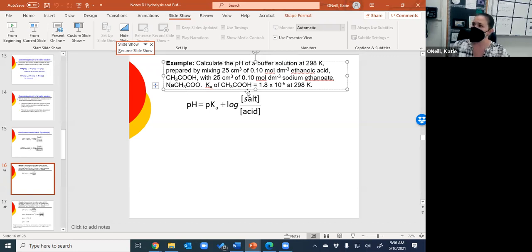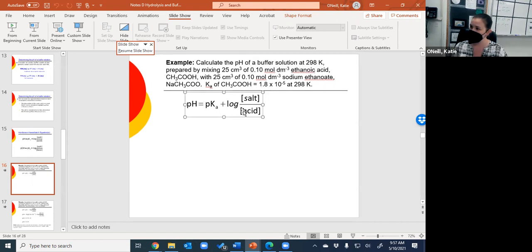So let's think about the assumptions that we're allowed to make. We have the concentration given of the weak acid, and that concentration of the weak acid is the same as the concentration at equilibrium. So we're going to be able to use that concentration of the acid right here.